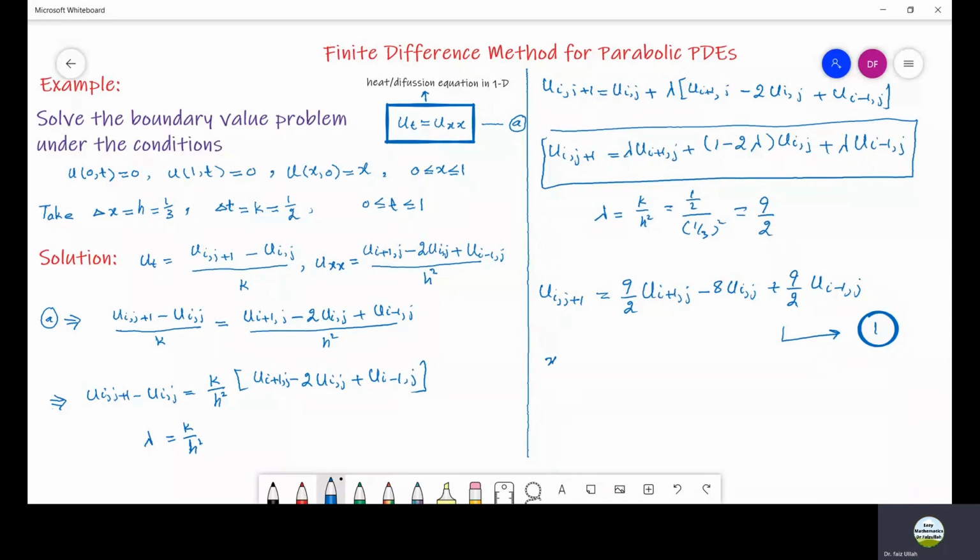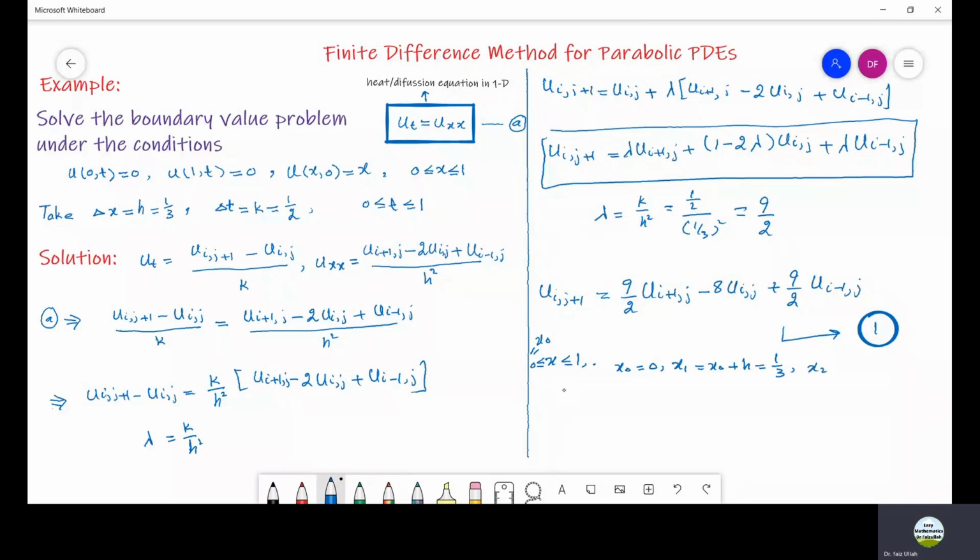We are given that x is between 0 and 1. In other words, this first value x naught is given. So to find the value of x1, x2 and so on, we have the value of x1 which is equal to x naught plus h, and x naught is 0, h is 1 over 3. So the value of x1 is 1 over 3.